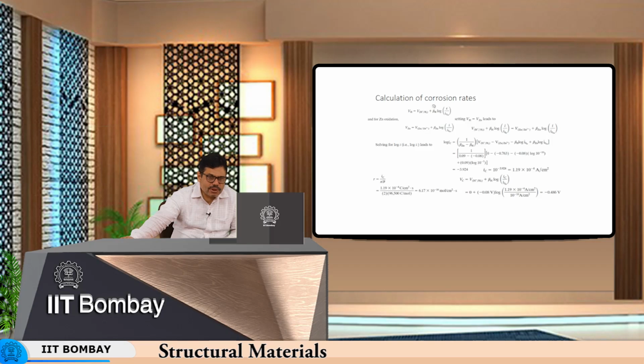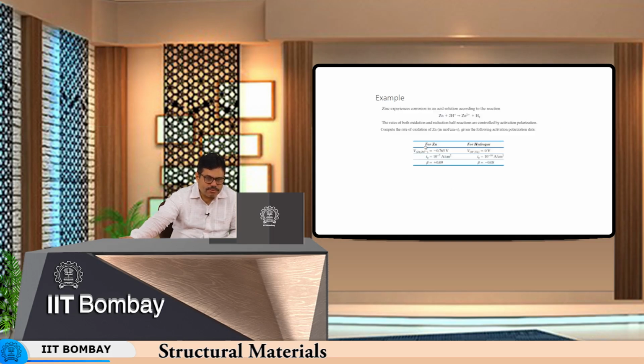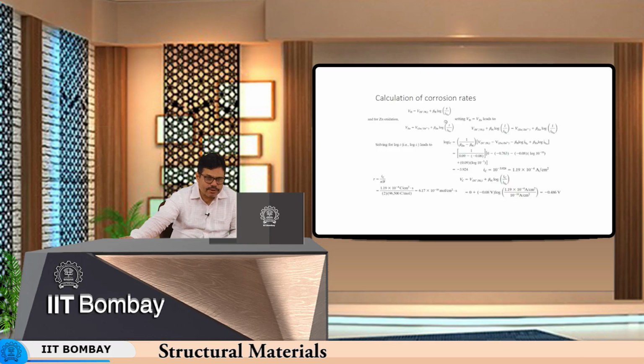So, we have some data that has been given over here, and the solution proceeds as follows. We have this equation given as VH equal to this is the equilibrium part plus beta H log I by I naught. So, I naught is the exchange current density. So, this is an equilibrium type of situation, and beta is a constant which has been assigned the value of minus 0.08.